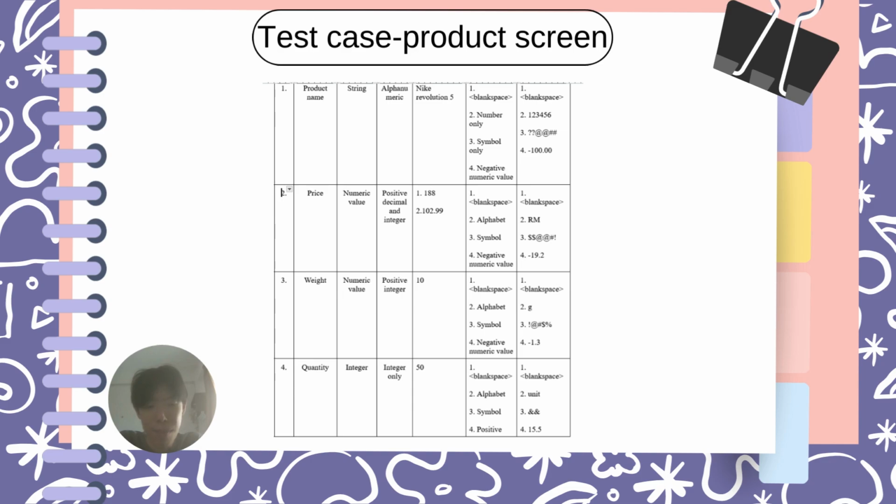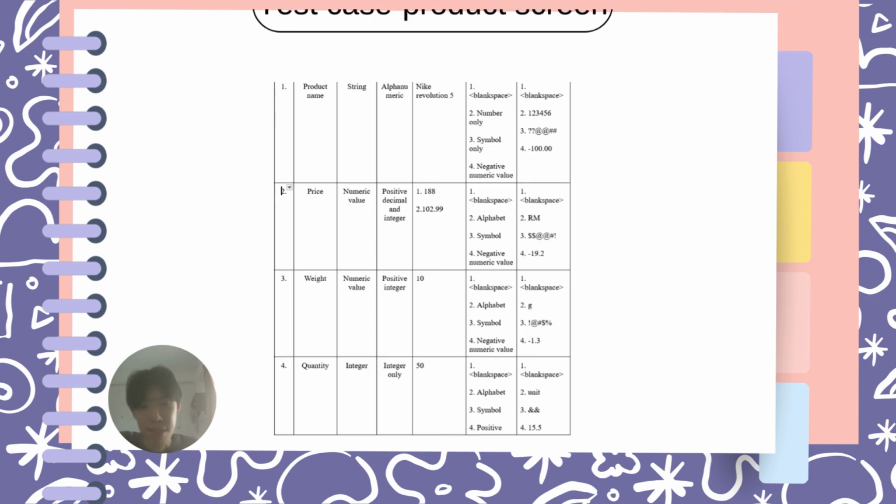Similarly for the price, the valid case includes a positive decimal like 188, but alphabetic input like RM only, special symbols, or negative values will trigger validation errors. This test case helps to ensure that product creation and editing in Evershot enforce proper data integrity, preventing invalid entries from being saved in the system.